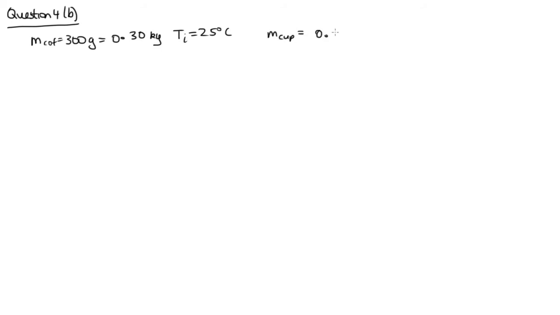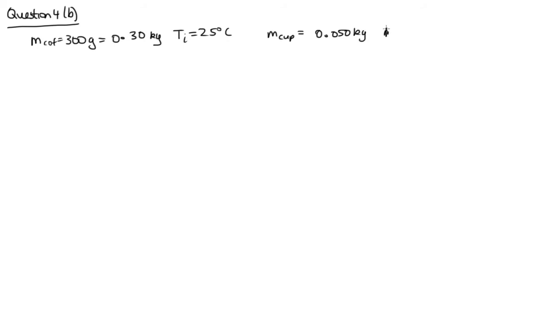Okay, question for part B. In this one, we've got a cup of coffee and we're told that the mass of the coffee is equal to 300 grams, so that's 0.30 kilograms. And the initial temperature of the coffee is 25 degrees C, and it's in a steel cup with a mass of 0.050 kilograms.